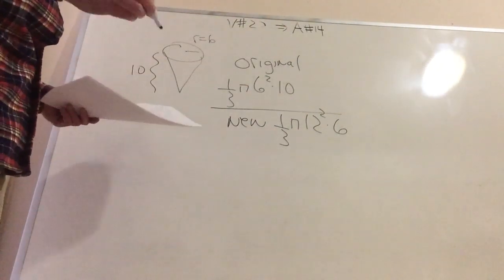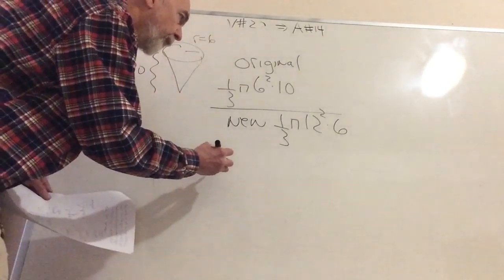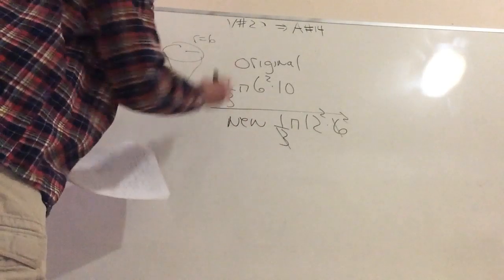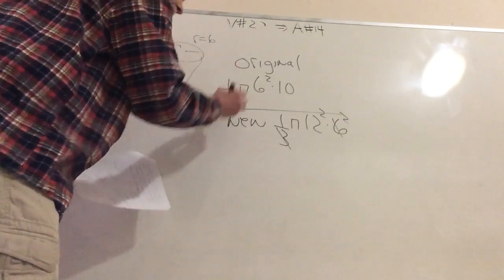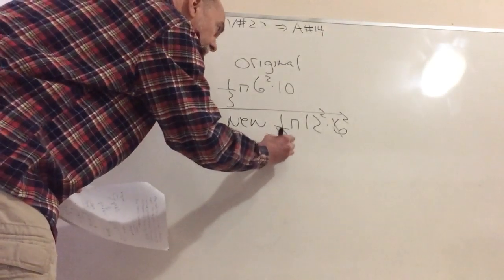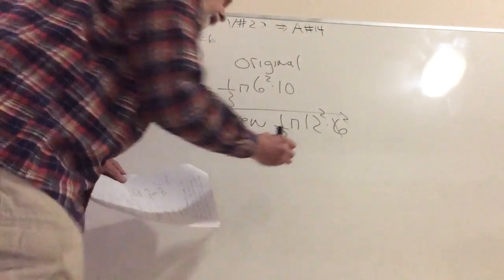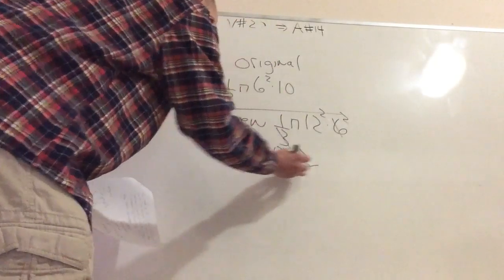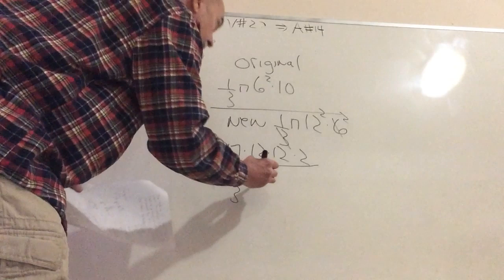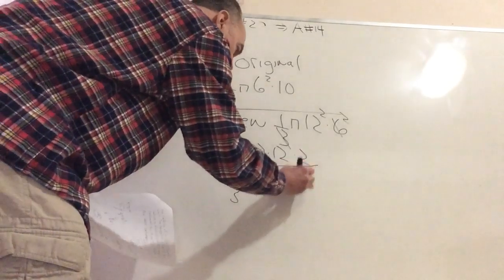However, we asked you to do the new first, so I'll rewrite the problem. I can't resist doing that right away, and I'll get the other side here in a second. So I have pi 12 times 12 times 2, and divided by 1/3 pi 6 times 6 times 10.